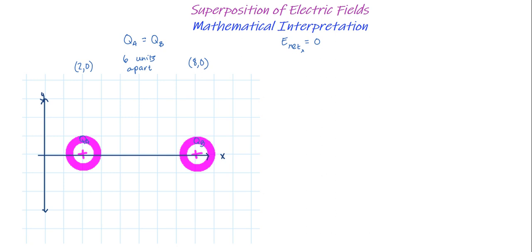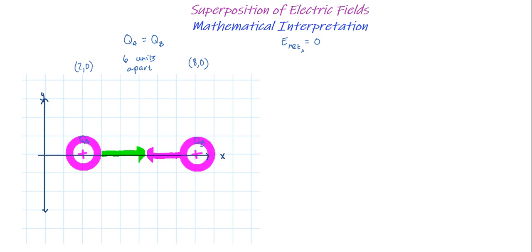Essentially, I'm going to draw electric field vectors, showing how they are contributed by each of the individual charges. QA has an electric field vector pointing in this direction, and QB has an electric field vector pointing in that direction.